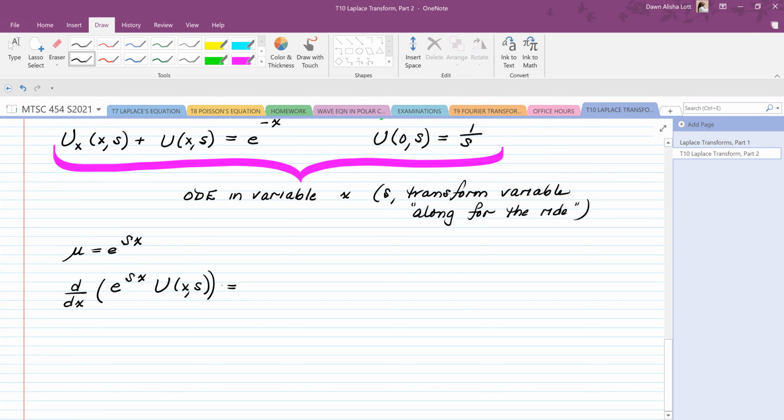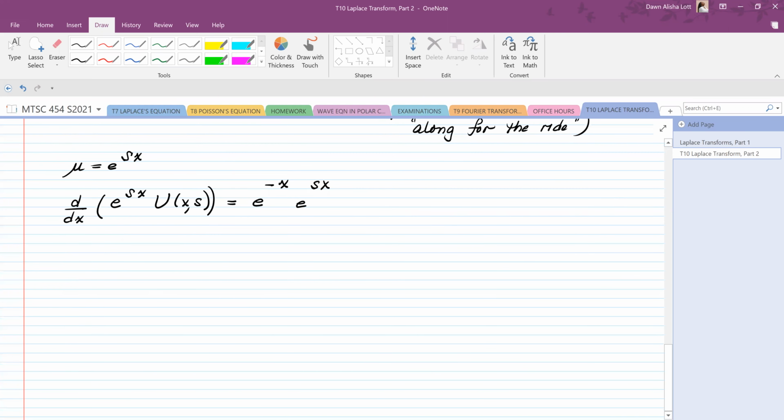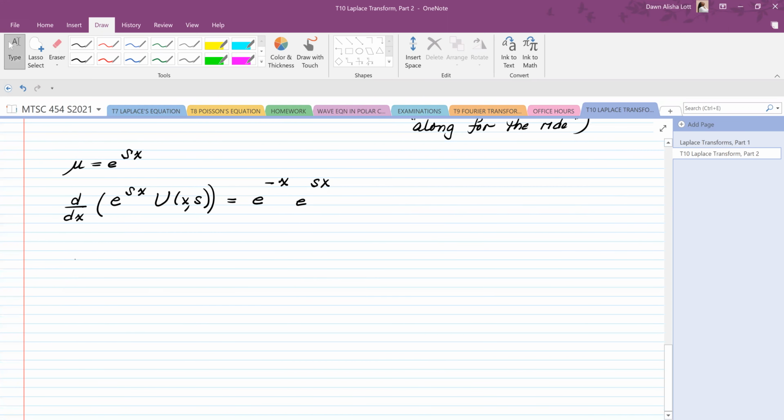And on the right-hand side, I'm going to get e to the minus x times e to the sx. Let me just simplify it over here: e to the x times s minus 1.